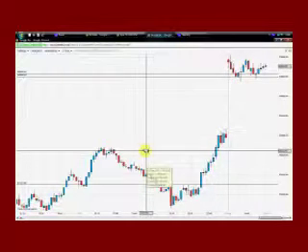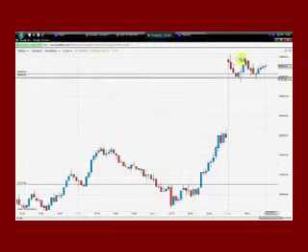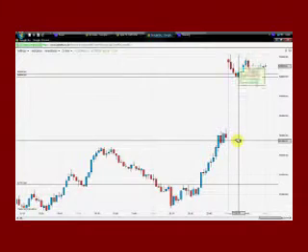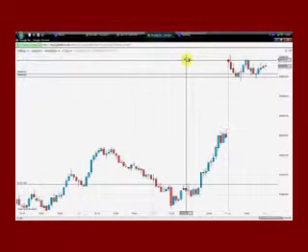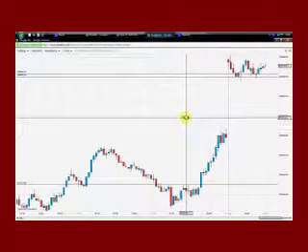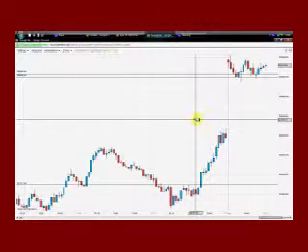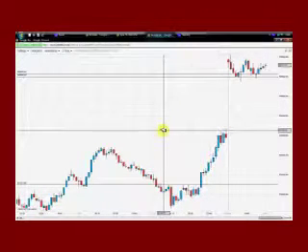Yes, we do use indicators too, but you look at the price first and then look at the indicator. When the indicator tells you something, you must confirm it by the price itself. If the price does not confirm the message that the indicator is communicating to you, it's nothing.